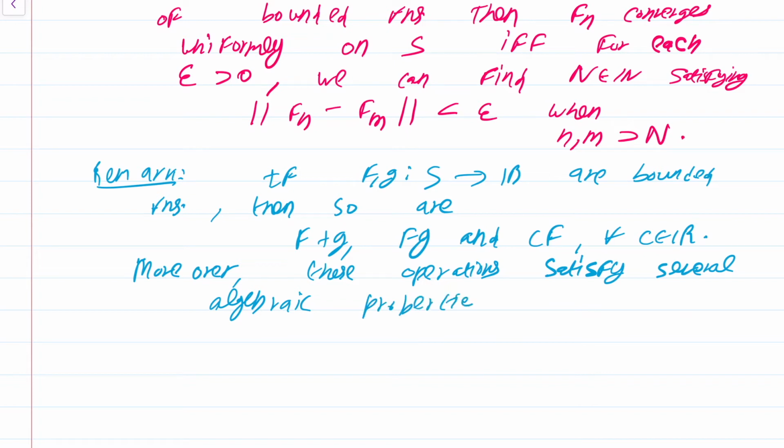For instance, if you take f plus g, it's the same as g plus f. If you take f times (g plus h), where h is a third bounded function from S to R, this is nothing but fg plus fh.